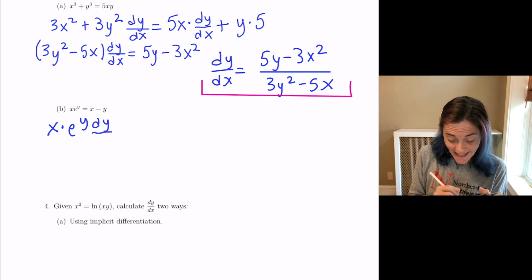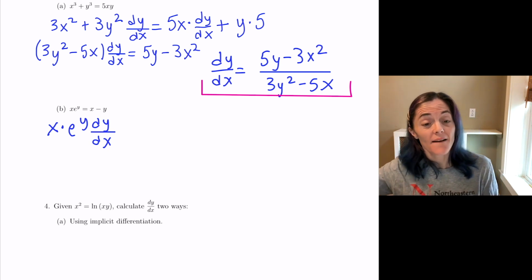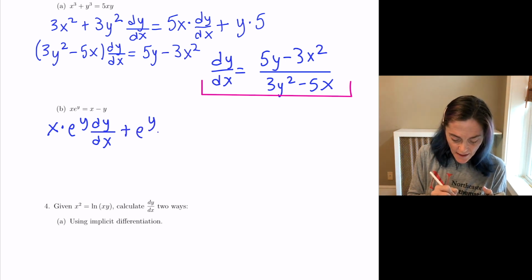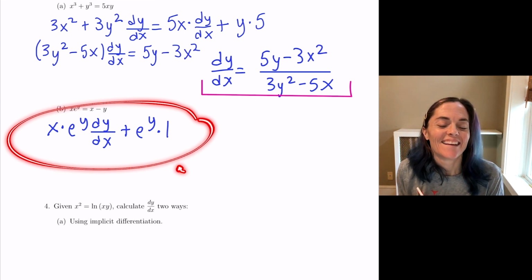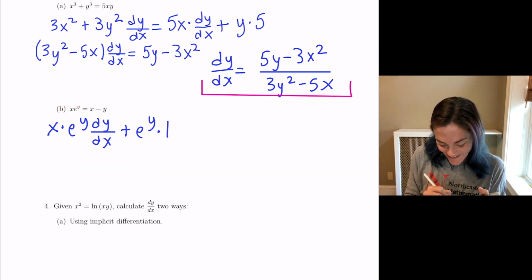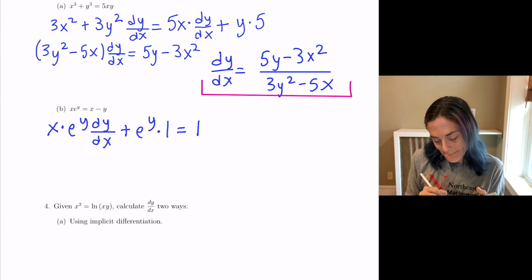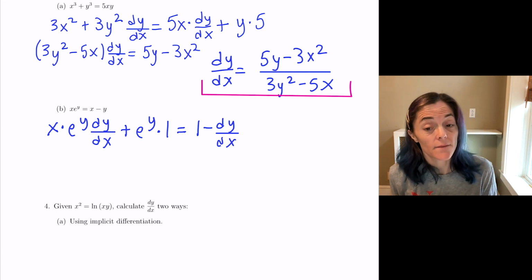Well, the derivative of e to the y with respect to x is e to the y times dy/dx. First times the derivative of the second, and then we put a plus the second times the derivative of the first. So here was our product rule. Okay, when we go to differentiate the right-hand side, we have 1 minus dy/dx. At this point, we have differentiated both the left and the right-hand sides of the equation.